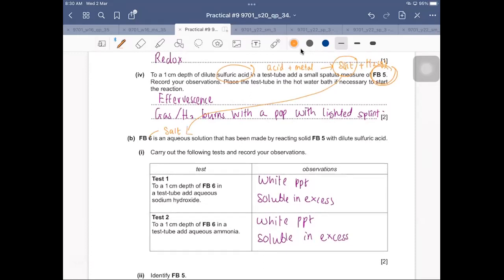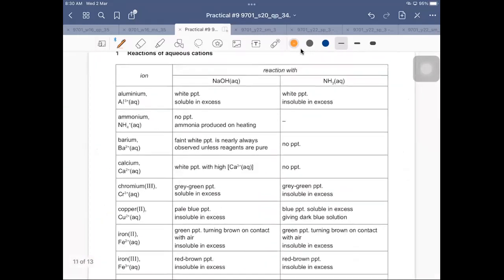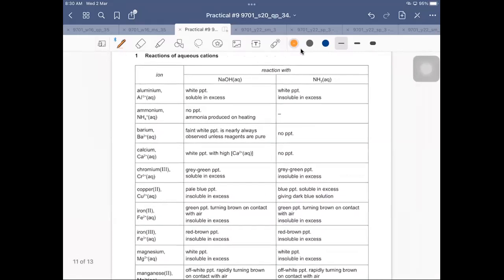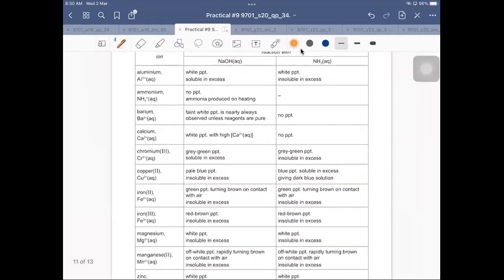Yeah? Okay, now you're just adding sodium hydroxide and ammonia. So this observation can easily be referred to your qualitative analysis notes to test for cations. Whenever you use sodium hydroxide and ammonia, that means you are testing for cations. So please follow this table.